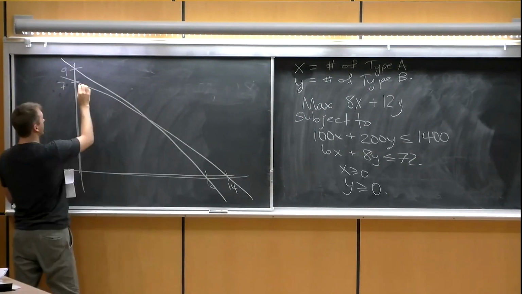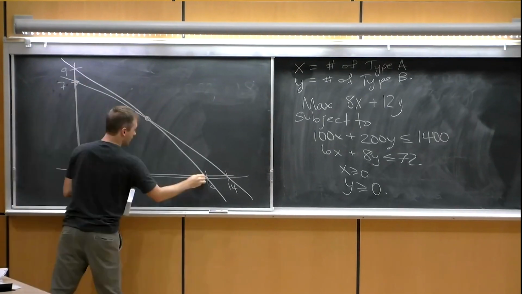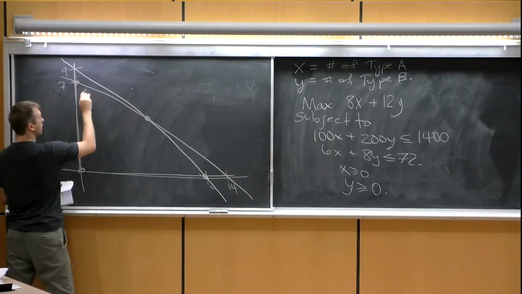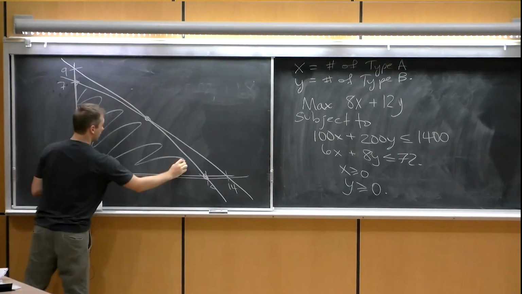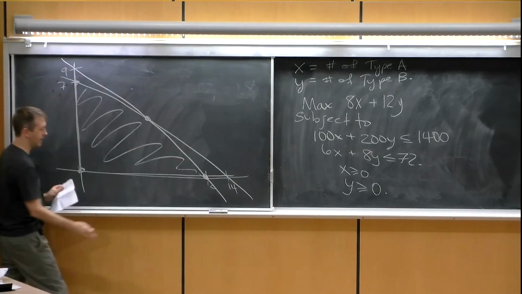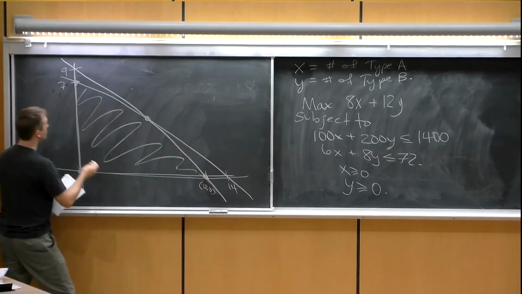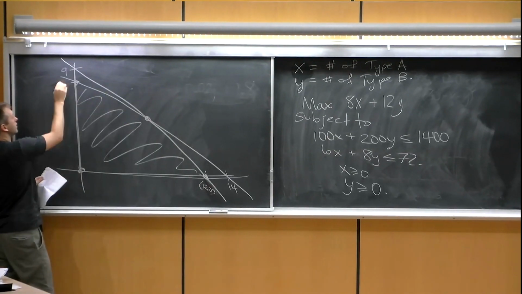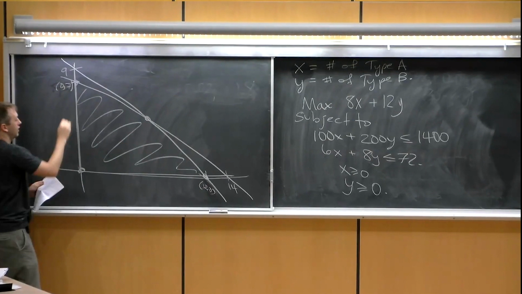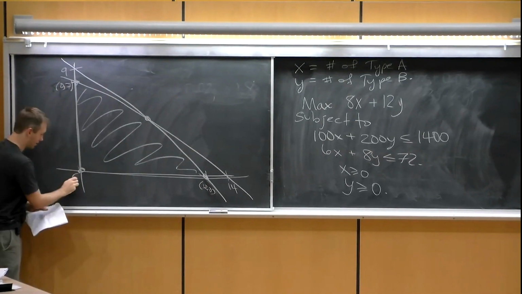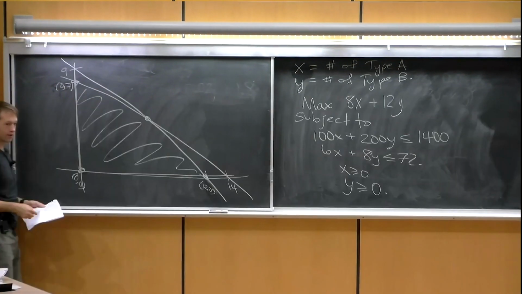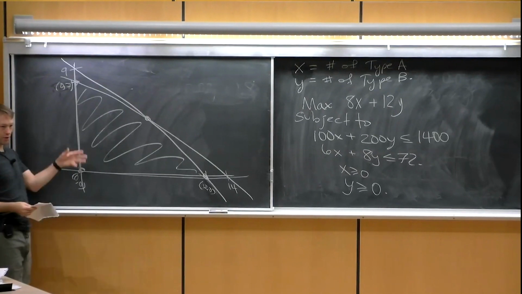So this is what your region looks like. This is the point 12, 0. This is 0, 7, right, 0, 0. So that's 3 of your 4 corners.